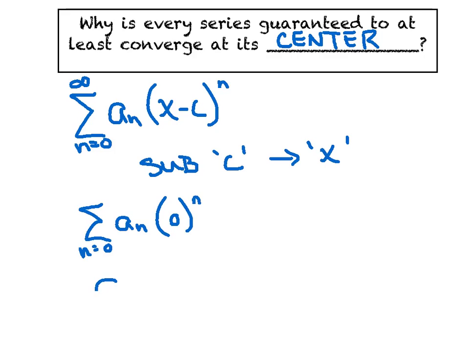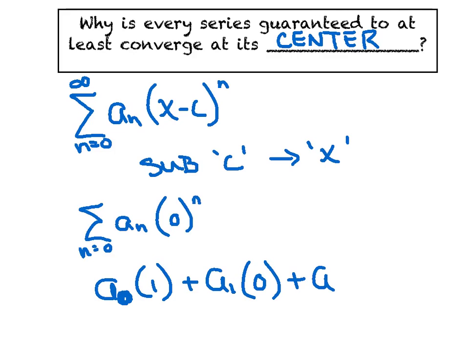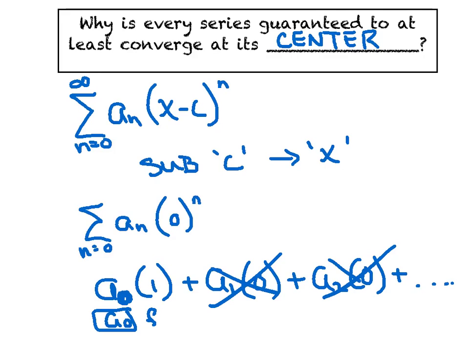If you substitute a 0, you get a sub 0 times 1 plus a sub 1 times 0 plus a sub 2 times 0, and so forth and so forth. Everything after that turns to zeros, and so you end up getting a sub 0 for your final answer, which is a finite number. And so we've just proven that every single series is at least guaranteed to converge at its center.